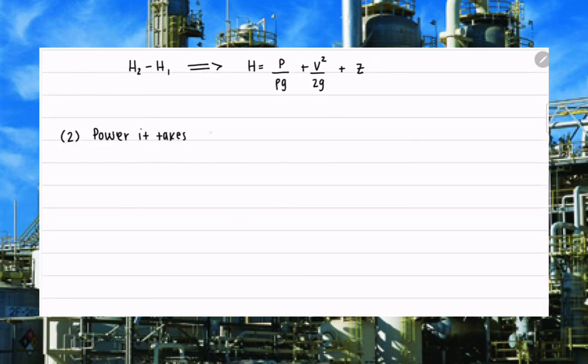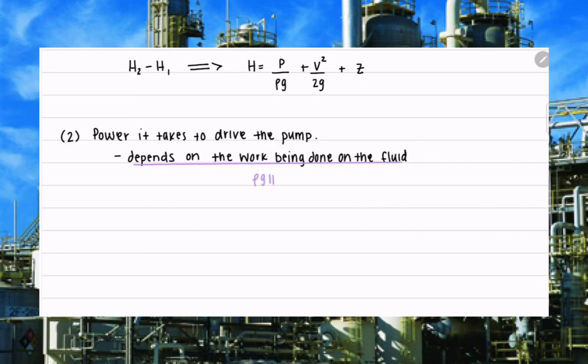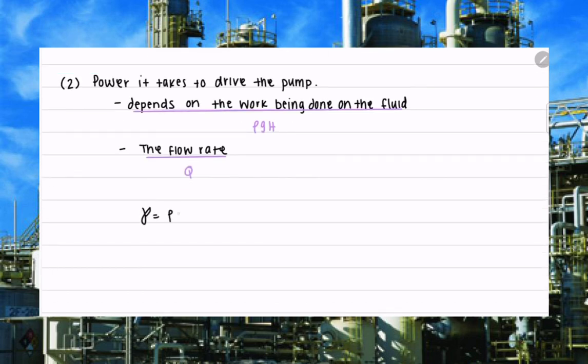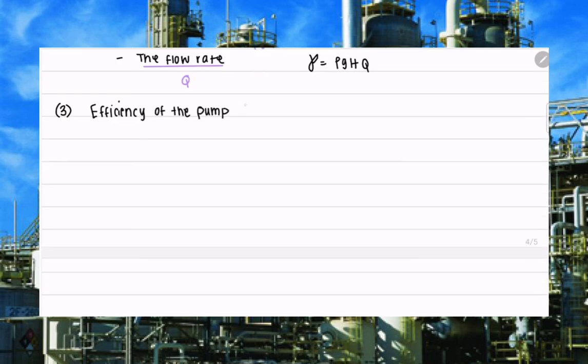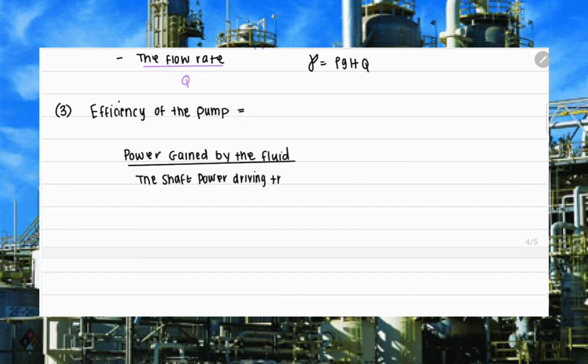We also care about the power that it takes to drive the pump. This depends on the work that is being done on the fluid and the flow rate. The equation that covers this is power equals rho g Q H. Last, we have the efficiency of the pump, which equals the power gained by the fluid divided by the shaft power driving the pump.